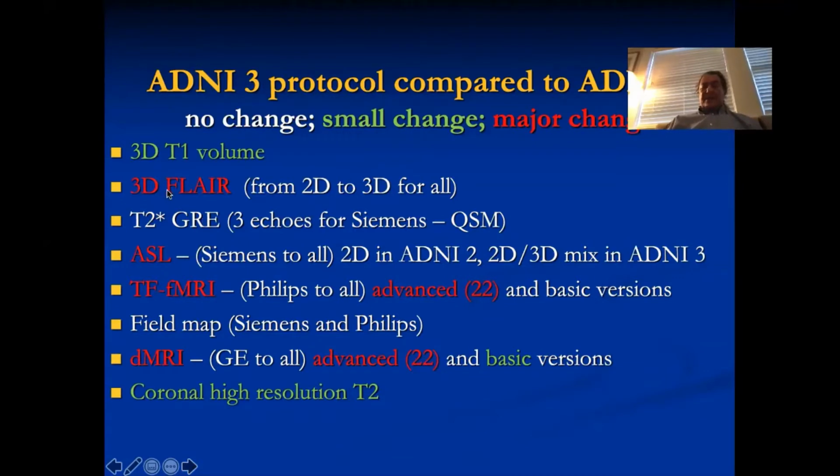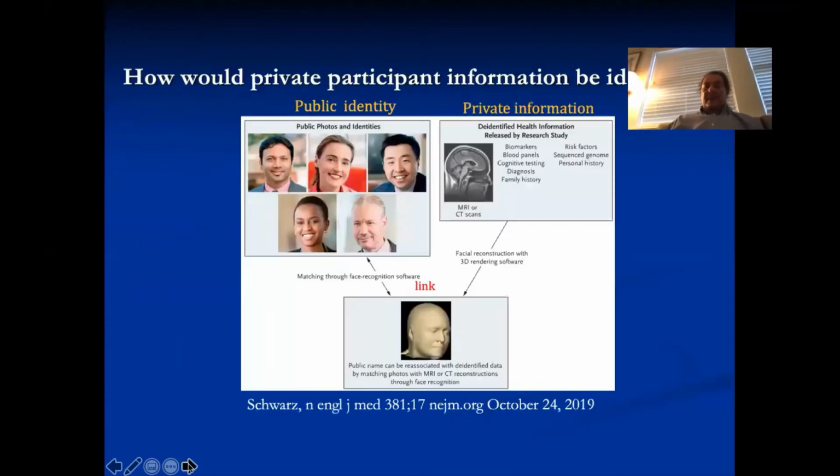So for example, just to say, the FLAIR scan started with 2D and now they're all done with 3D. And with the arterial spin label, you know, just remember, we have Siemens scanners, we have GE scanners, and we have Philips scanners. So they're all a little bit different. Unfortunately, they are not highly standardized. And this is one of the problems with using this kind of data.